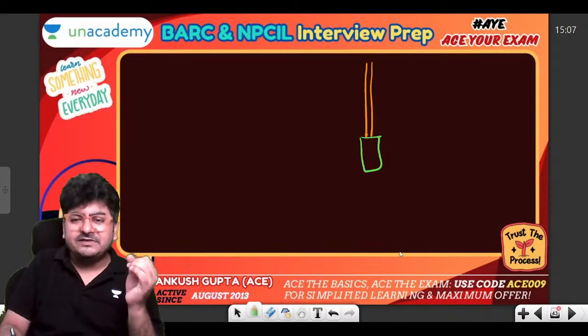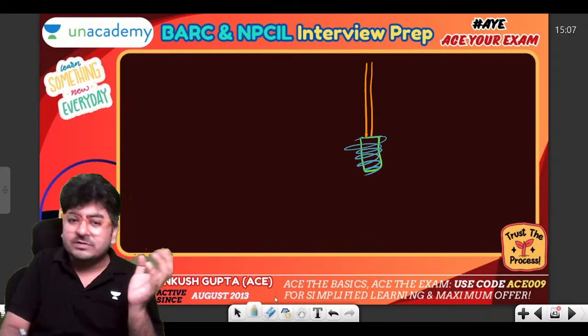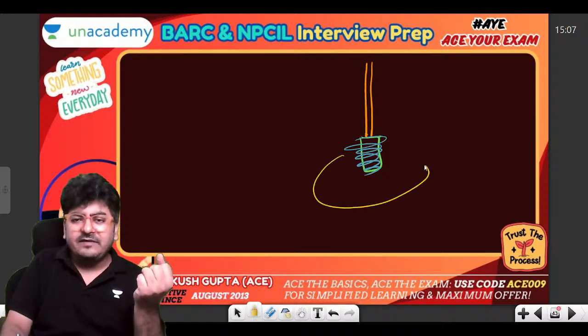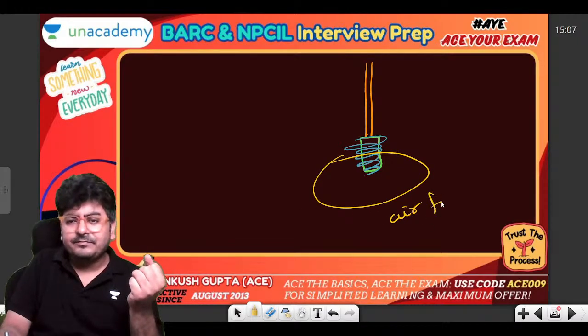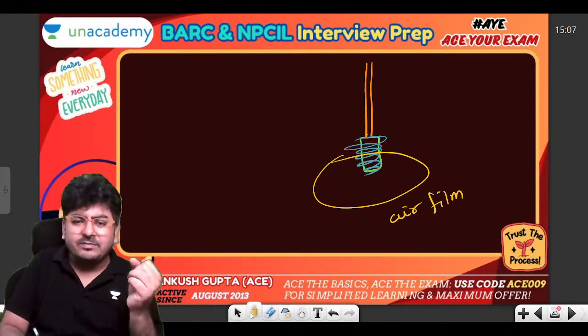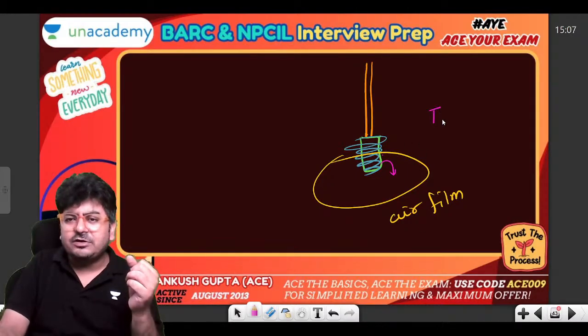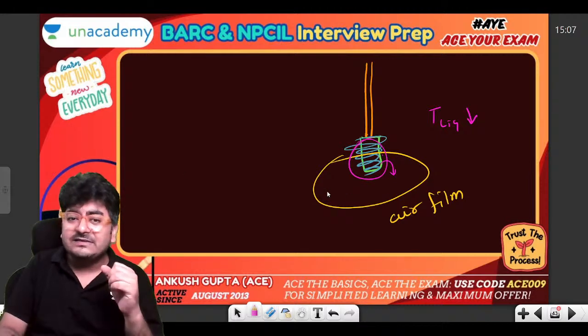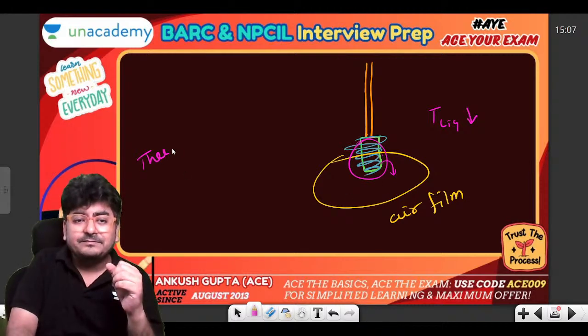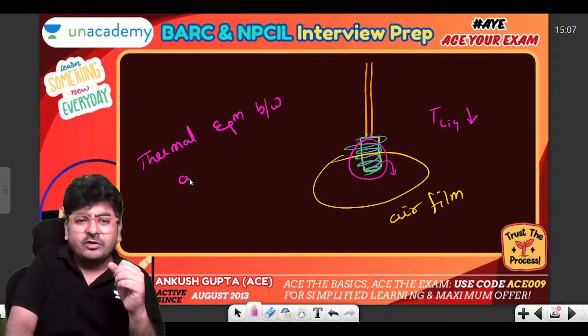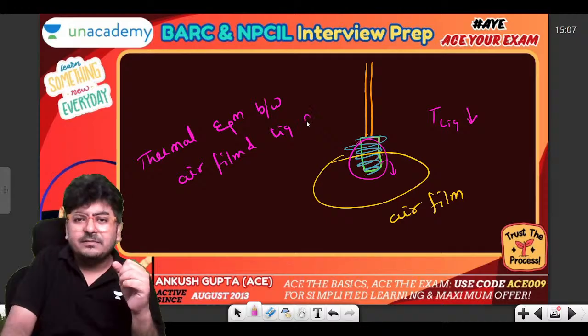This is the wet bulb, which is covered with the wet cloth. Here we have the air film in contact with this moisture. As the molecules are getting vaporized, the temperature of the liquid is decreasing. And if the temperature of the liquid is decreasing, then the thermal equilibrium between air film and liquid is disturbed.